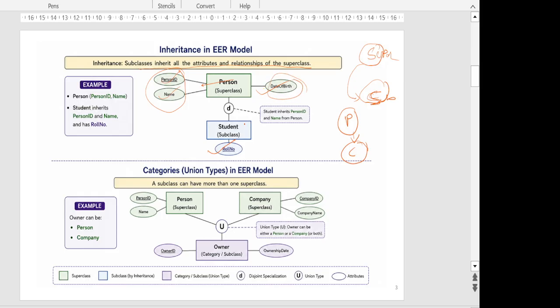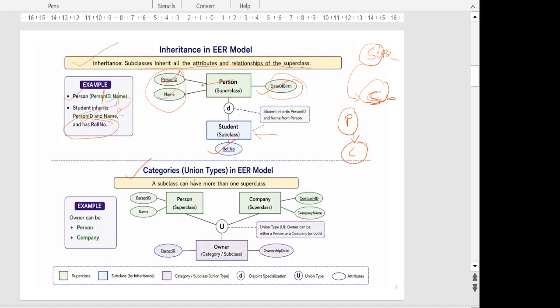Those attributes from Person will come and join into Student. That we call inheritance. So Student will also have a person ID and name, along with the roll number. Person ID and name are inherited by the student, right? So this is the inheritance concept.